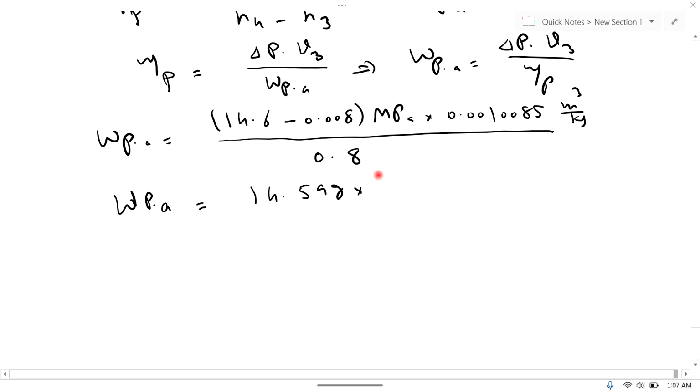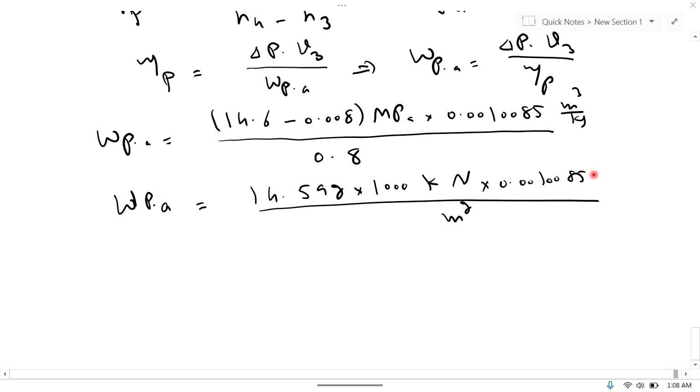I can write mega as 10 to the power 3 kilo, or 10 to the power 6. So I can write this as 10 to the power 3 thousand and kilo. It means that 1000 multiplied by kilo is equal to mega, and I can write Pascal as Newton per square meter, multiplied by 0.001085 meter cube per kg, and divided by 0.8.